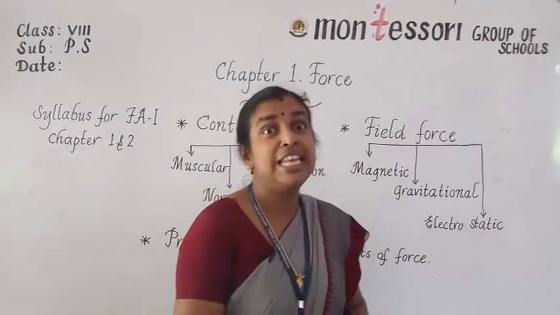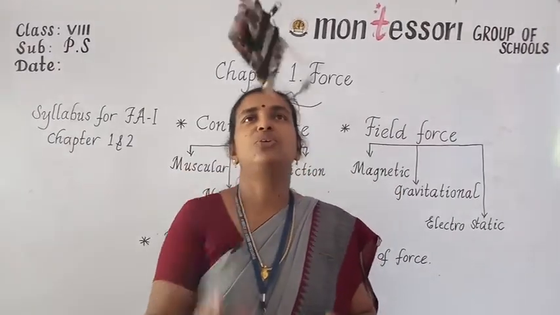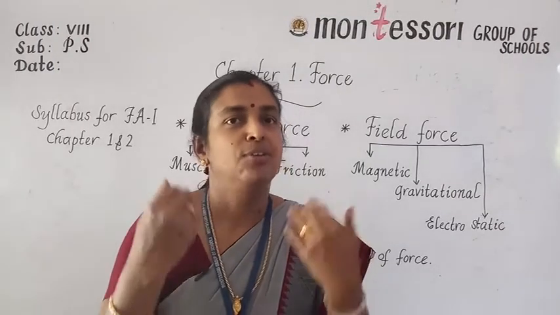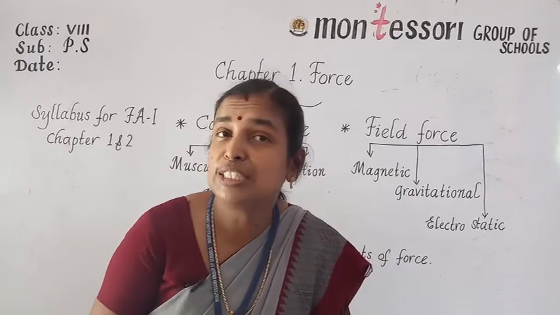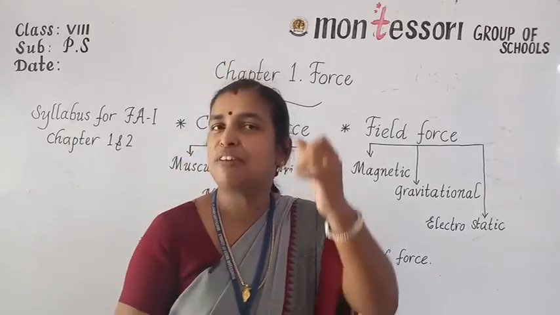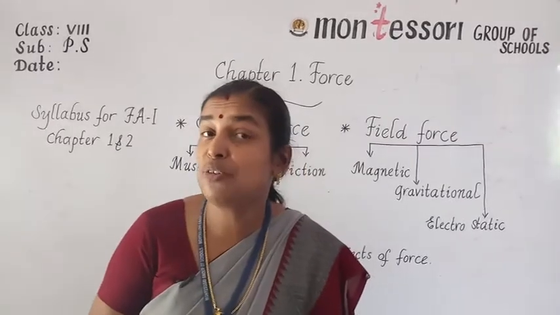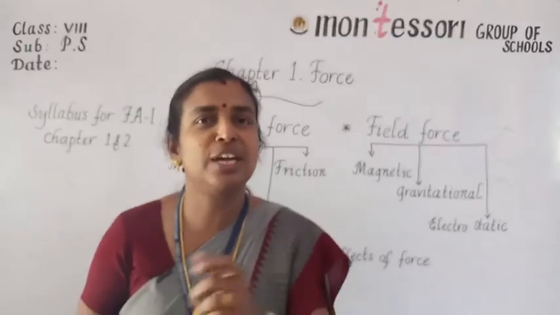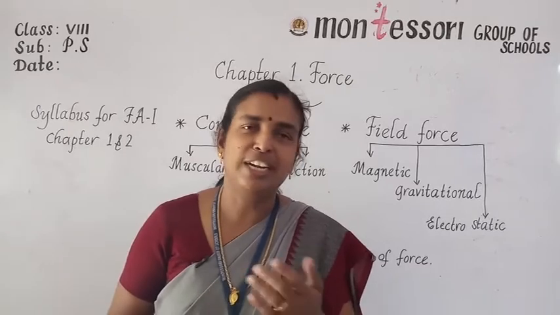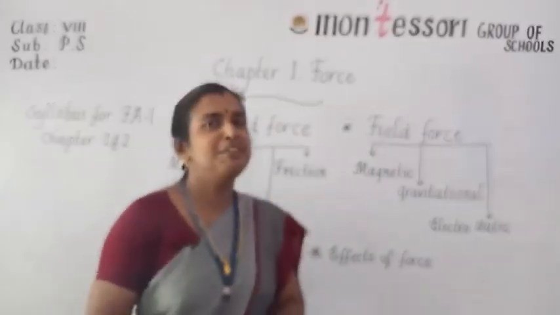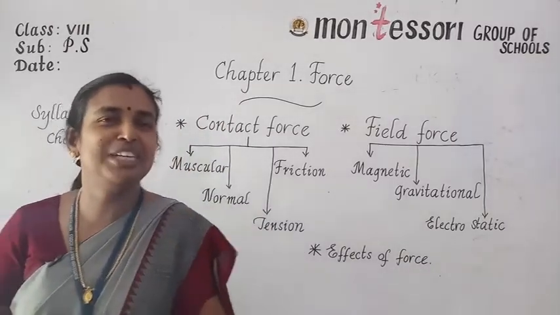Next one is gravitational force. If I throw this upward, any object which you throw upward falls down, isn't it? Because the earth pulls every object towards its center. So the force of attraction of the earth towards its center is known as gravity. You studied this in lower classes, but now you are in 8th class, you have to study the definition given by Isaac Newton.